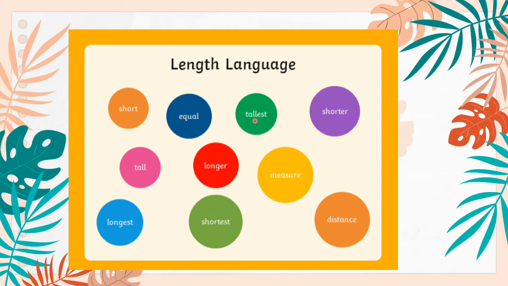We use the words tallest, shorter, tall, longer, measure, longest, shortest, distance. So these are some of the words that we commonly use when we are referring to length.